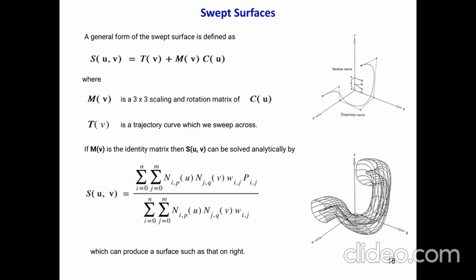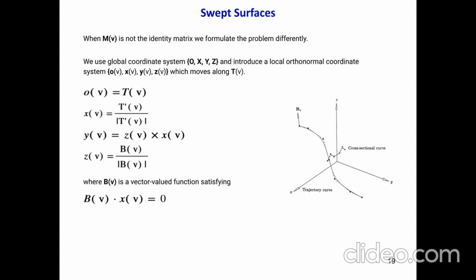However, the previous method is limited in that the rotation would actually have to be the identity matrix. When this is not the identity matrix, we need to formulate the problem differently. It no longer is an analytical solution with an equation that we can solve.